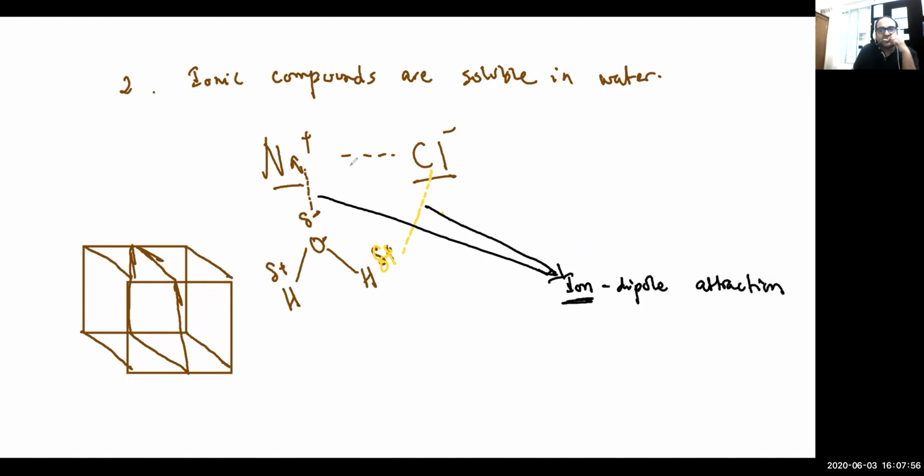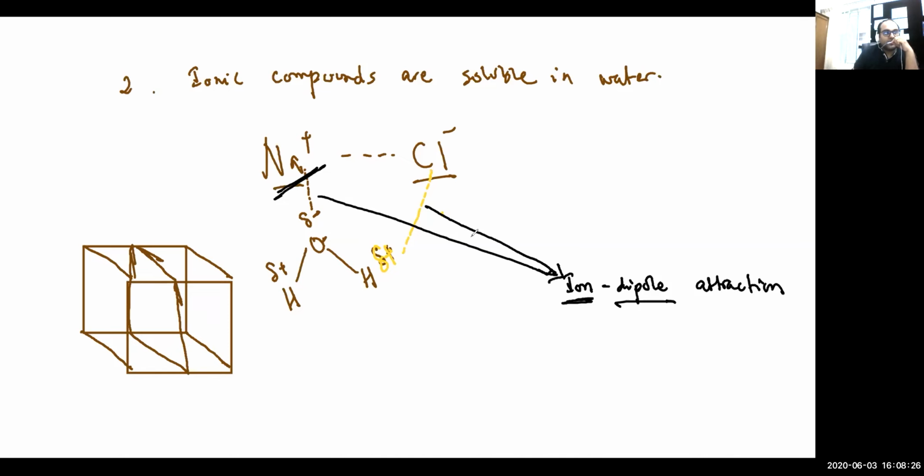What a dipole is, we will study in covalent bonding, but each step is very important for you to remember. It will not happen in one day, so at least write your notes properly when we revise the whole chapter, so that you can actually get hold of the whole concept. So these are known as ion-dipole attraction.